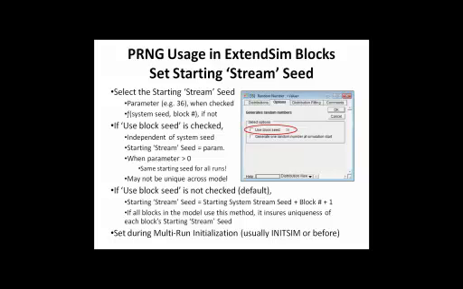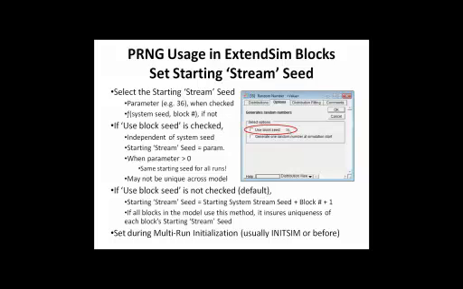If you check that checkbox, in essence, you're isolating this block's substream from the system stream. In other words, if the system stream is being randomized from run to run, you're choosing a different starting value, and you specify in this particular block that you want to use a particular value.